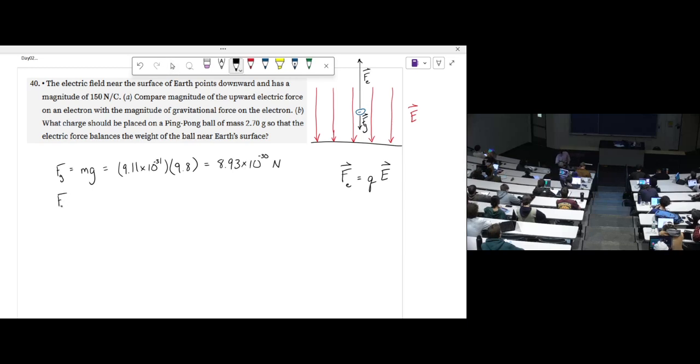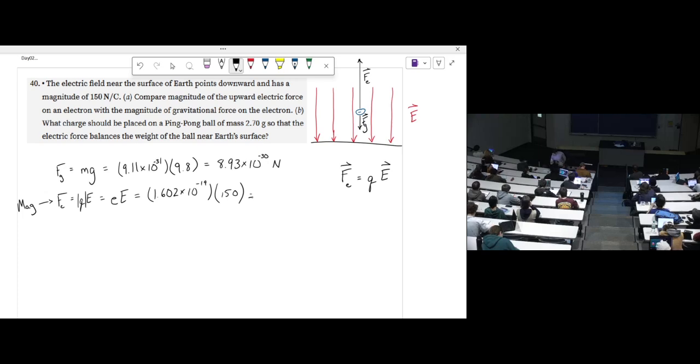So the electric force is going to be Q times E. Since we're just talking about magnitude and not the vector, I'm just going to say that we're going to be taking the absolute value of the charge, so that's little e times big E. So that's 1.602 times 10 to the minus 19 coulombs times an electric field strength of 150 newtons per coulomb.